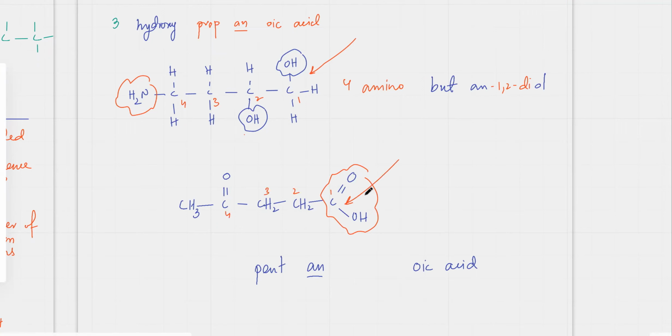But you've got a ketone at number 4. The ketone suffix would still remain; the ketone never changes. So the molecule is going to have 2 suffixes, and the ketone is at position number 4. So it's going to be -one followed by the -oic acid.